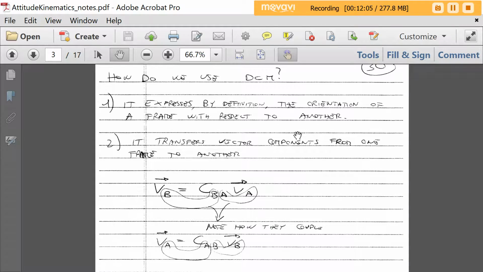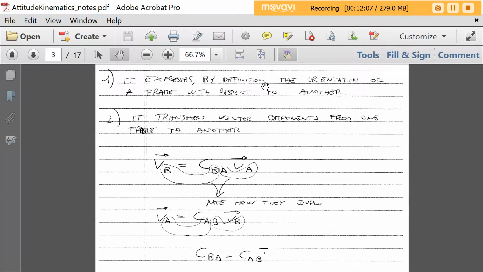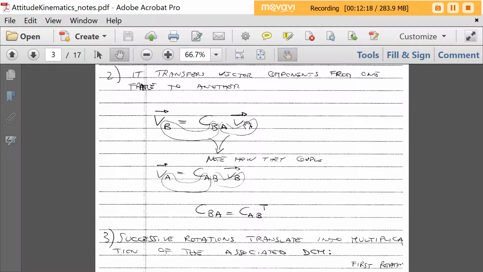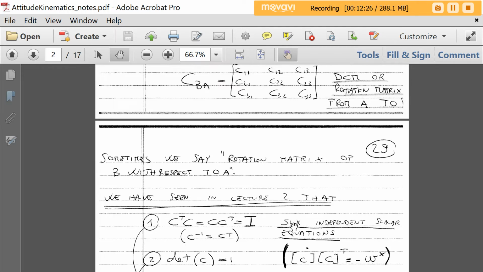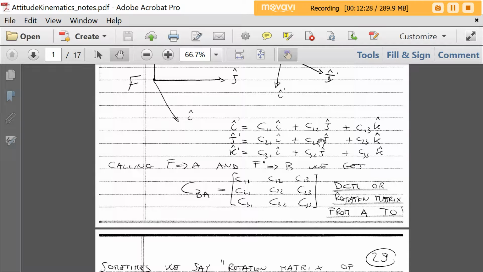Now, how to use a DCM? First use is what it was introduced for. It's orientation of a frame with respect to another, how B is oriented. Then, if you're given a vector in A, expressed in the A basis, you pre-multiply that by the CBA matrix, and you're given the vector in B. You can easily go back into this structure here and convince yourself of that.